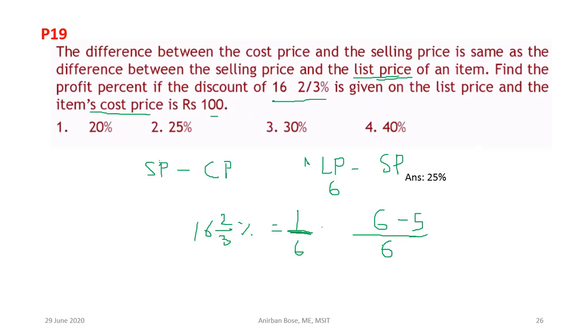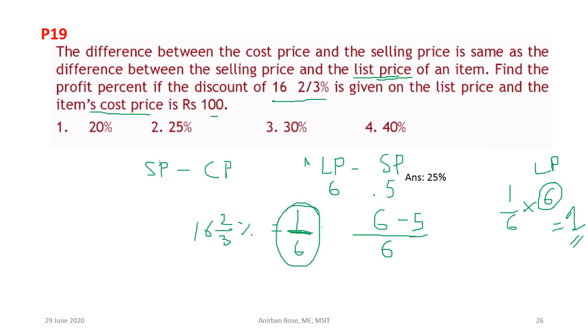So the sell price is equal to 5. Looking at the discount percentage, assuming this as the list price, we can find the amount of discount. If the amount of discount is 1, then definitely the sale price will be 5.